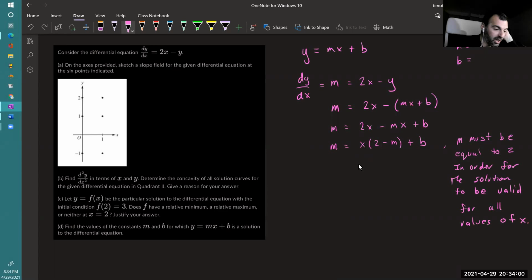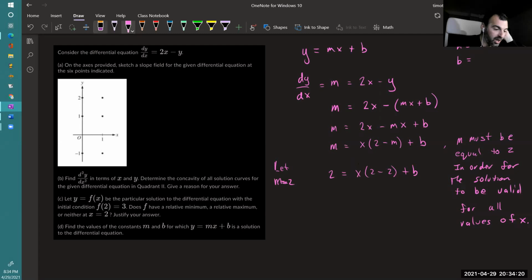That's my justification here. Because now, if I let m equal 2, I'm going to write 2 equals x times (2 minus 2) plus b.